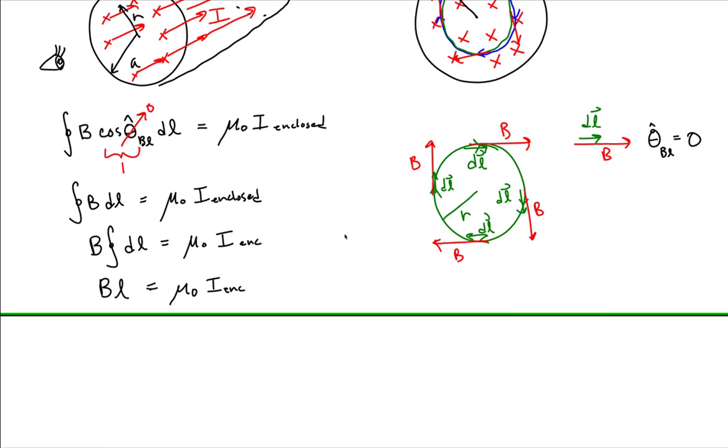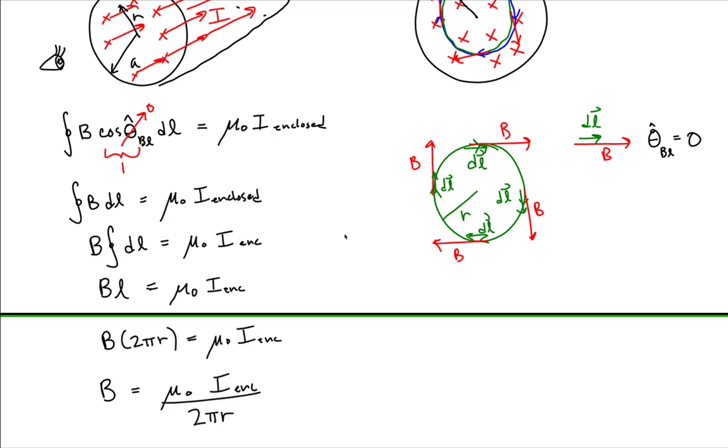So we get that the product of the magnetic field times the circumference of the circle, 2 pi r, so there is our r dependency right there, is equal to mu naught times I enclosed, or the magnitude of the magnetic field is mu naught I enclosed over 2 pi r. Well, this is great. This is a relationship we've seen before for straight wires.